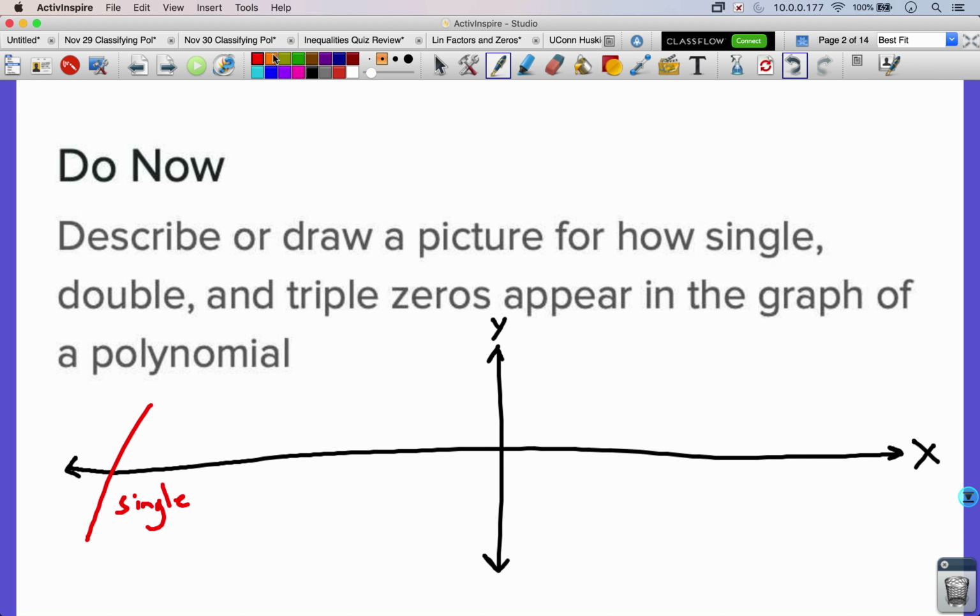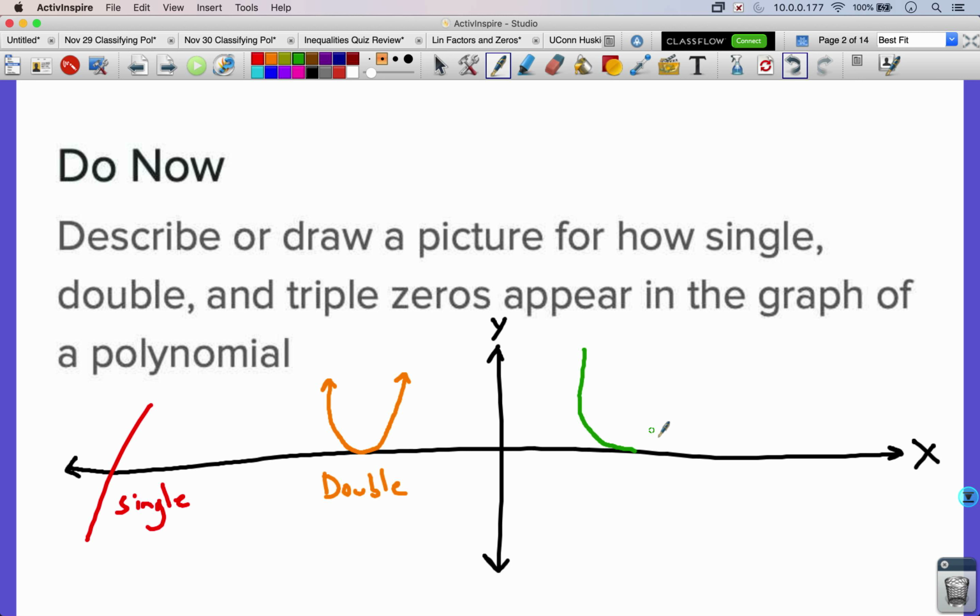A double zero is turning right when it hits the x-axis. So it touches the x-axis, but then goes back. This is a double zero. A triple zero puts an inflection point right on the x-axis.